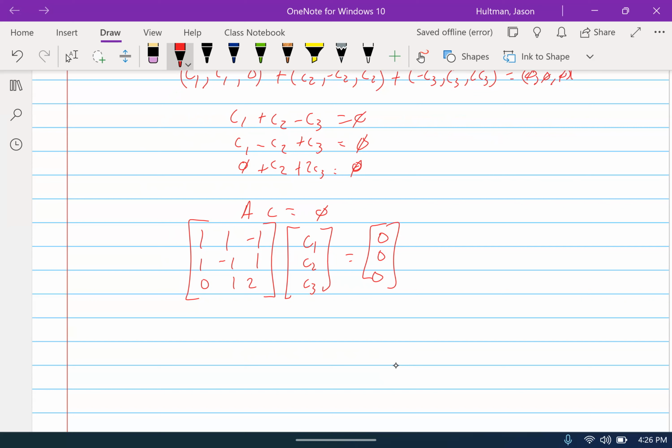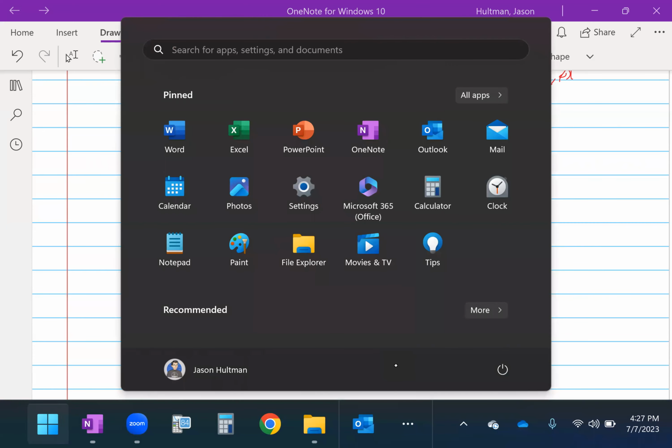We could put this into RREF if we really wanted to, or we could just test the determinant. Maybe I'll show you how to do both. So let's do this on our calculator. If we took the determinant of A, what do we get?